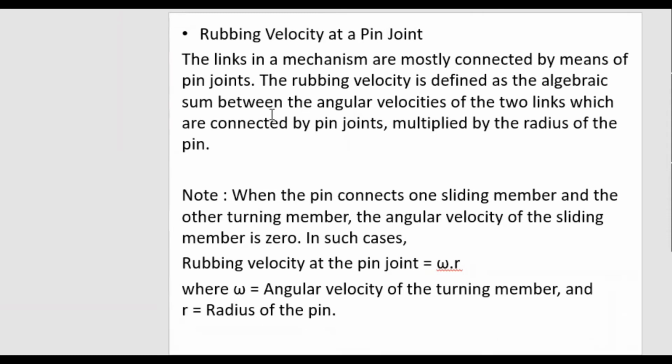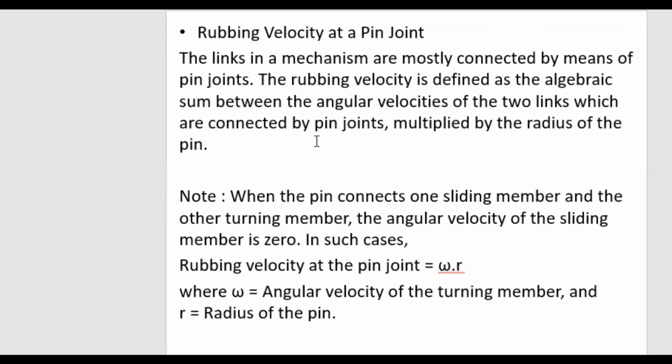Whether only this is moving, or only this is moving, or both are moving, doesn't matter. It is the algebraic sum of the angular velocities of the two links connected by the pin joint, multiplied by the radius of the pin.